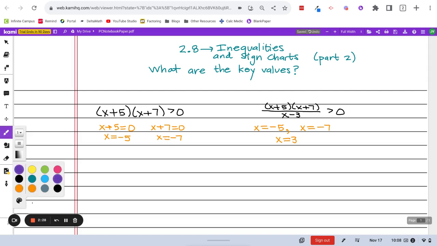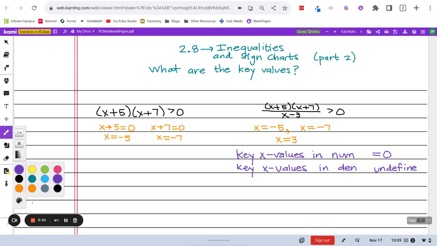Because we want to identify key x values from the numerator and key x values from the denominator. The key x's in the numerator make our function equal to 0. And the key x values in the denominator, that's where our function is undefined.